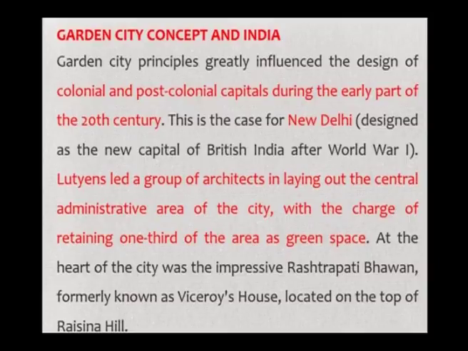This is the case for New Delhi, and New Delhi was actually designed as the new capital of British India after World War I. Lutyens led a group of architects in laying out the central administrative area of the city, with the charge of retaining 1/3 of the area as green space, which is similar to what Ebenezer Howard put forward. At the heart of the city was the impressive Rashtrapati Bhavan, also known as the Viceroy's House in the past, and this was located on top of Raisina Hill.